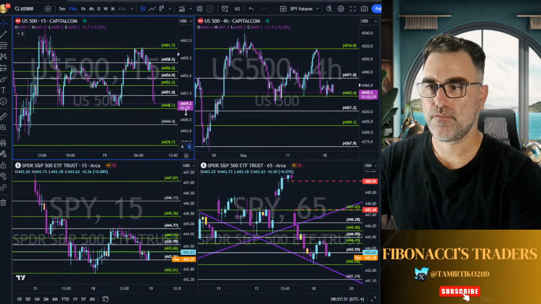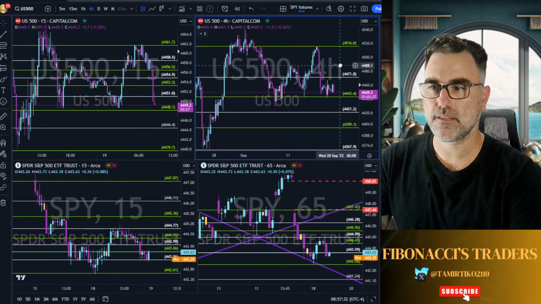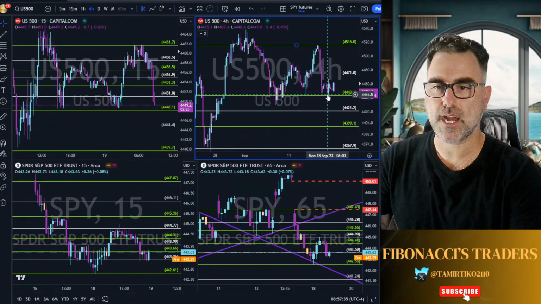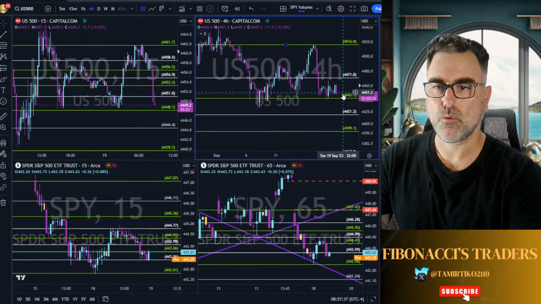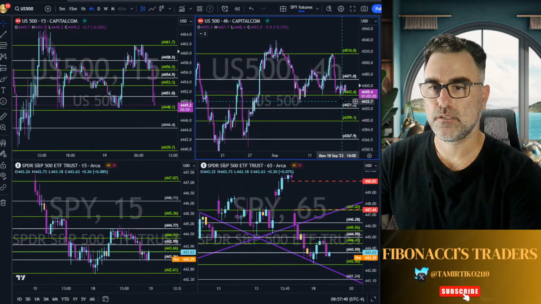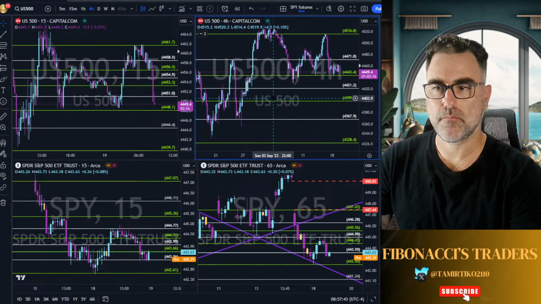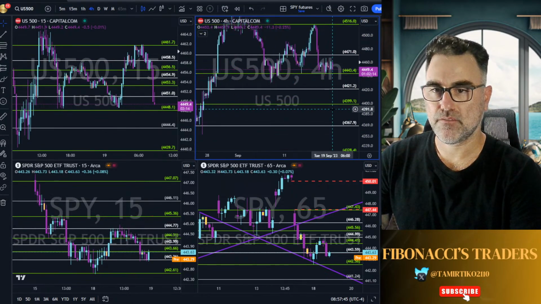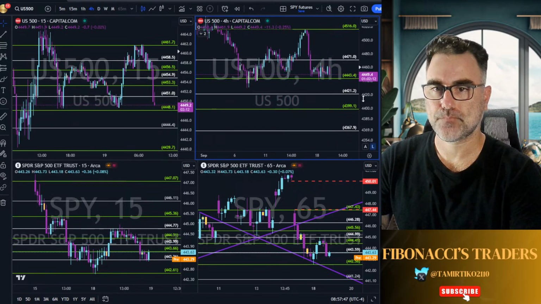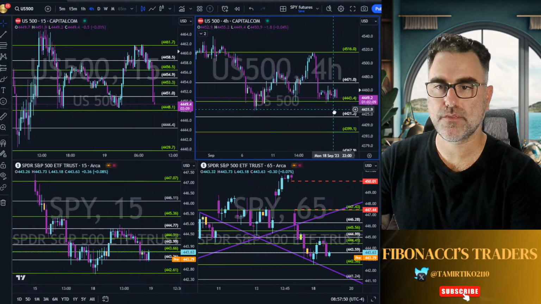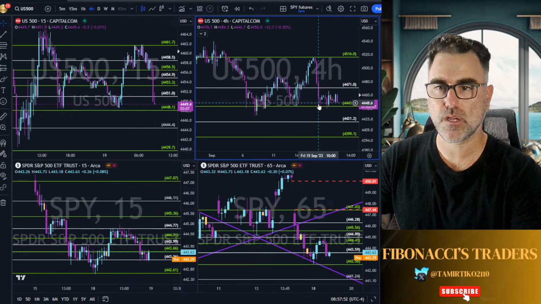Let's see futures, continuation breaking down. 44.43 needs to hold. What do you think? Will it hold? Below it, 44 to the downside will be here very fast. Below this 44.43, we can get the same price action we got over here.